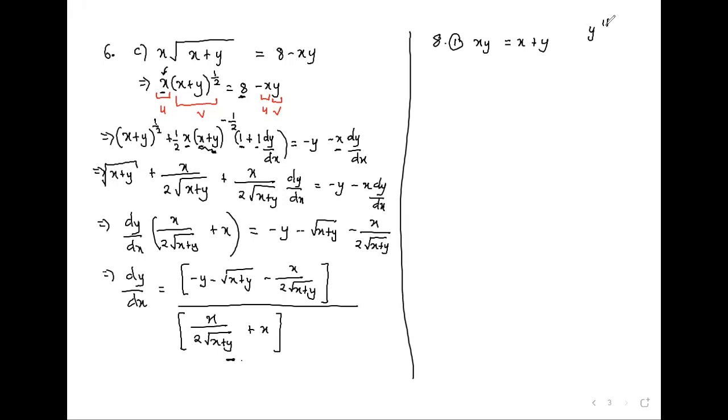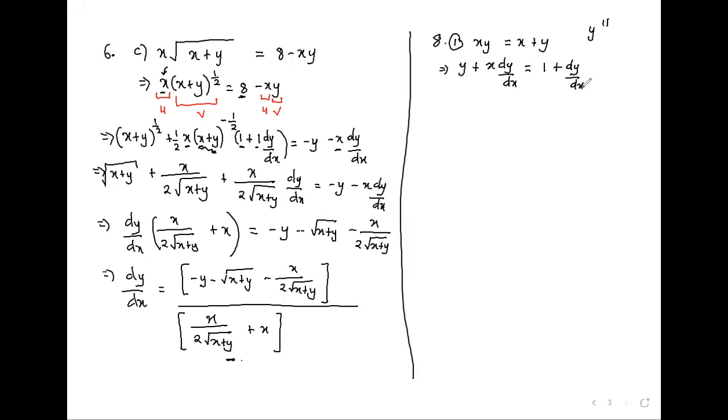So it will be the first one. You differentiate xy with respect to x, we get y, plus we differentiate x with respect to y, and we get x dy dx, is equal to 1 plus dy dx, like this.